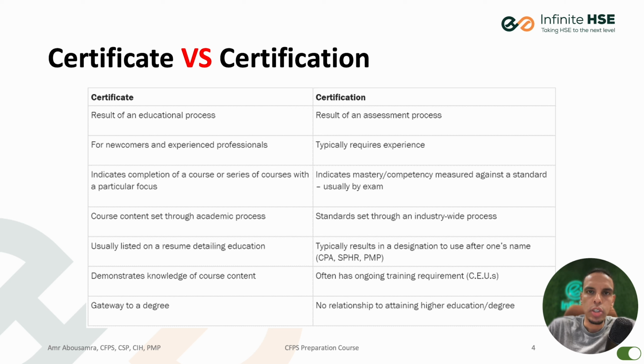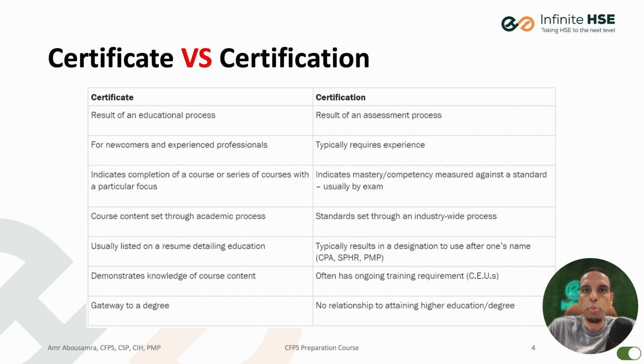Once you finish studying for a certificate, you don't have to go back and study again. It's one time and that's it. But for a certification, you have to continue learning and keep updated. For example, in project management or fire protection, in our case, you have to keep updated because normally every 3 years or 5 years there are updates to the codes and standards.